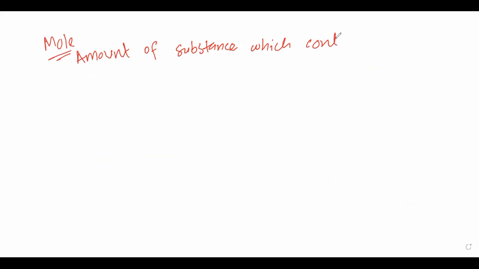Now let's come to the point. What is mole? Mole is amount of substance. Substance, I have told you, is any pure thing. That can be element, that can be compound, which contains how many particles? 6.02 multiplied 10 raised to 23 number of particles is called a mole.